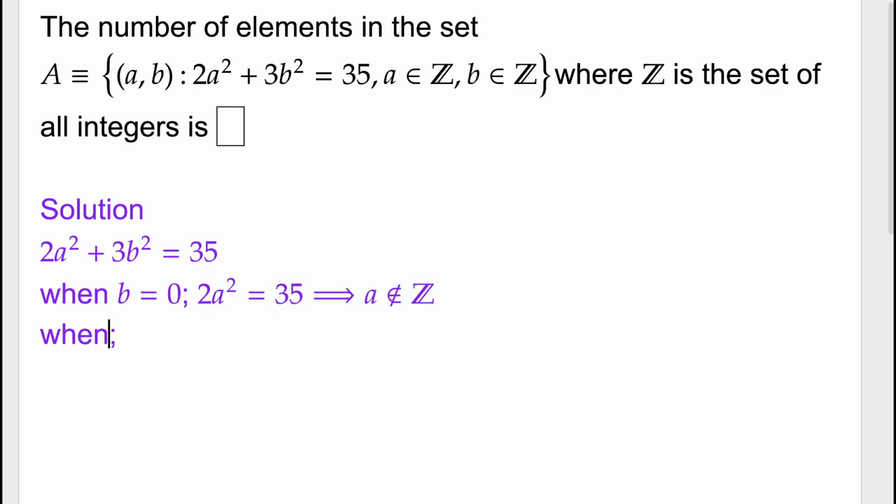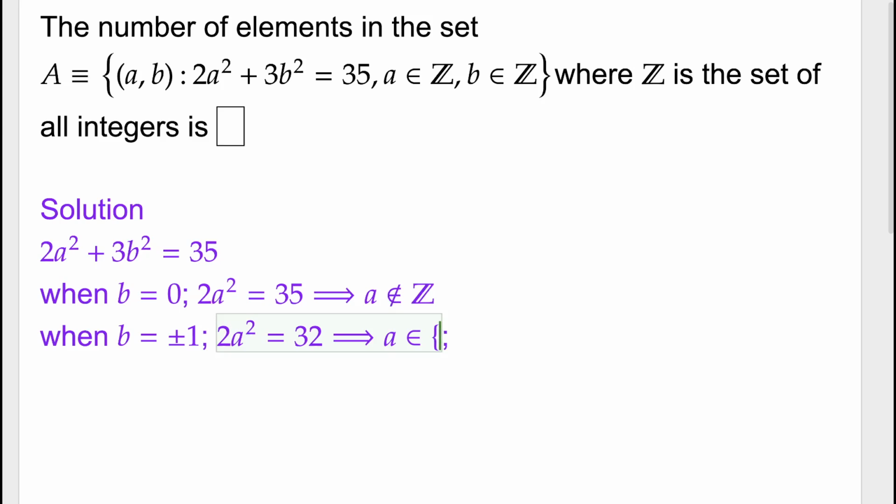Next, if I consider the value of b for both positive 1 as well as negative 1, for that I can write plus minus 1. For this particular equation, if I substitute the value of b as positive 1 or negative 1, then 3b² is 3, so 2a² becomes equal to 32, and on resolving this quadratic equation, we get a belonging to the set.